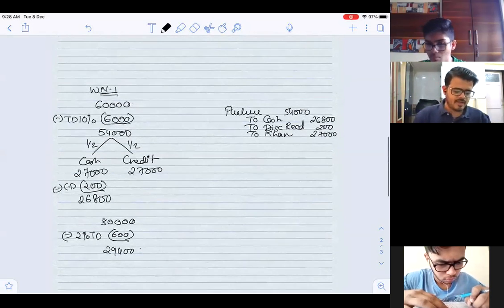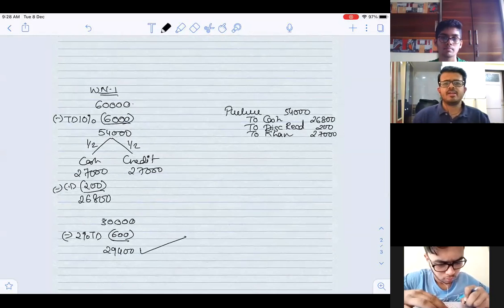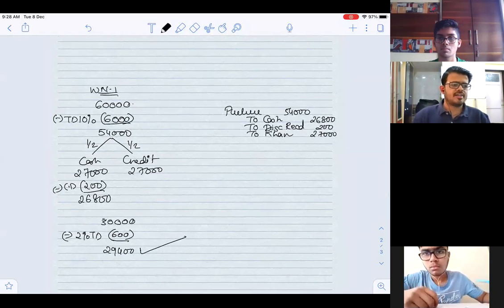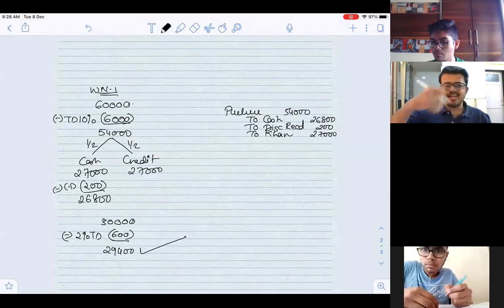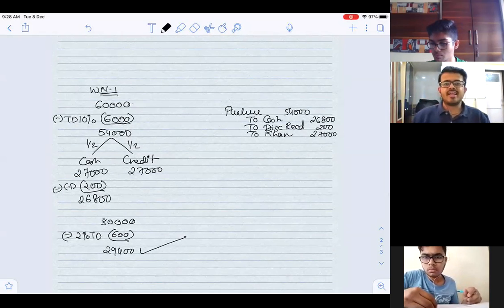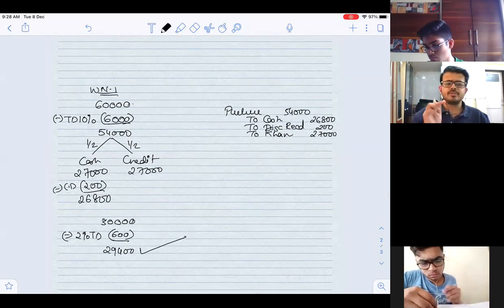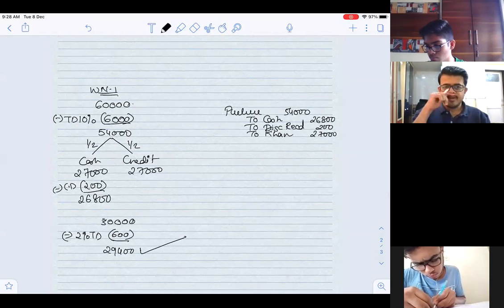What entry should I pass for this 29,400? Will it be bank to sales, cash to sales, cash to Vinod, bank to Vinod? Cash to sales, because it's a check that has been endorsed. You can't write cash to Vinod. Is that point clear? Because you're selling the goods and you're getting the money immediately, it's basically a cash sale of goods.